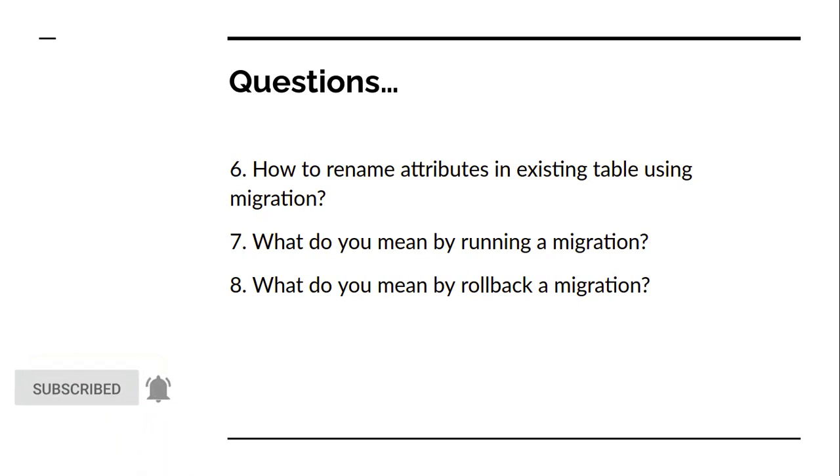What do you mean by running a migration, and what do you mean by rolling back a migration? So you just need to prepare all these things, and then you can get better with migrations. This is the very basic step that we require for moving ahead, and we can learn more advanced things about migrations in upcoming lectures.